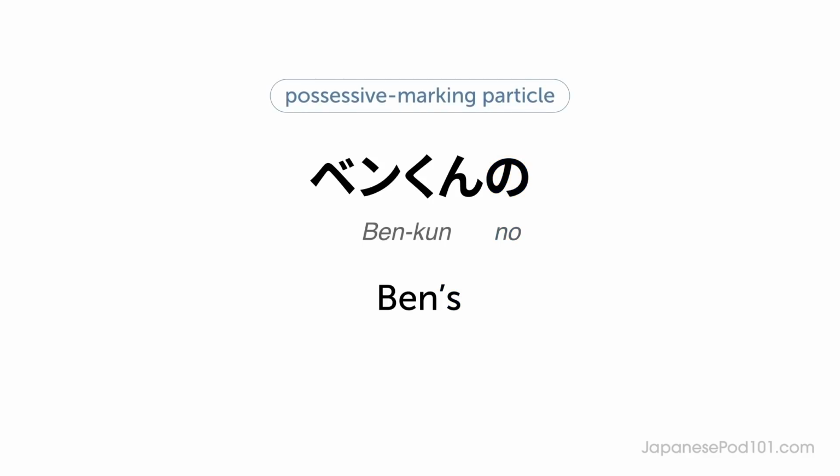Next is の, the possessive marking particle. Think of の as a way to indicate possession, like the apostrophe S in Ben's family. The word it follows possesses the thing that comes after it. In this sentence, it marks ベン君, Ben, as the possessor. Together, ベン君の translates as Ben's.